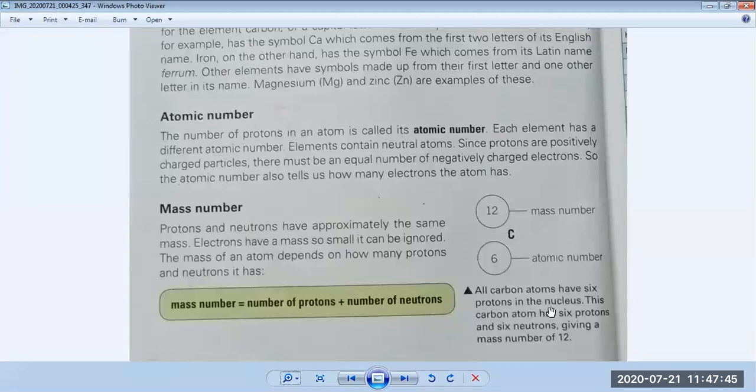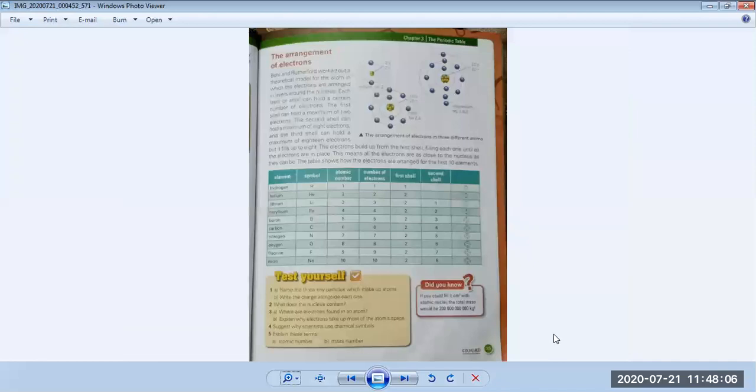This carbon atom has 6 protons and 6 neutrons. It also has 6 neutrons here. So 6 protons show the atomic number, and 6 protons and 6 neutrons show the mass number of 12 of that element. Now come to the next page.